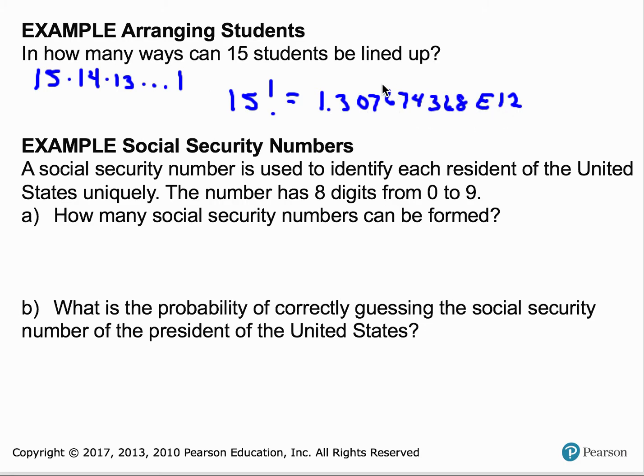This is a giant number, 15 times 14 times 13, on and on and on. So what this is giving me is my answer in scientific notation where 12 is the exponent. That means I've got to move this decimal over 12 times: 1, 2, 3, 4, 5, 6, 7, 8, 9, 10, 11, 12. I've got to add 3 zeros to this number.